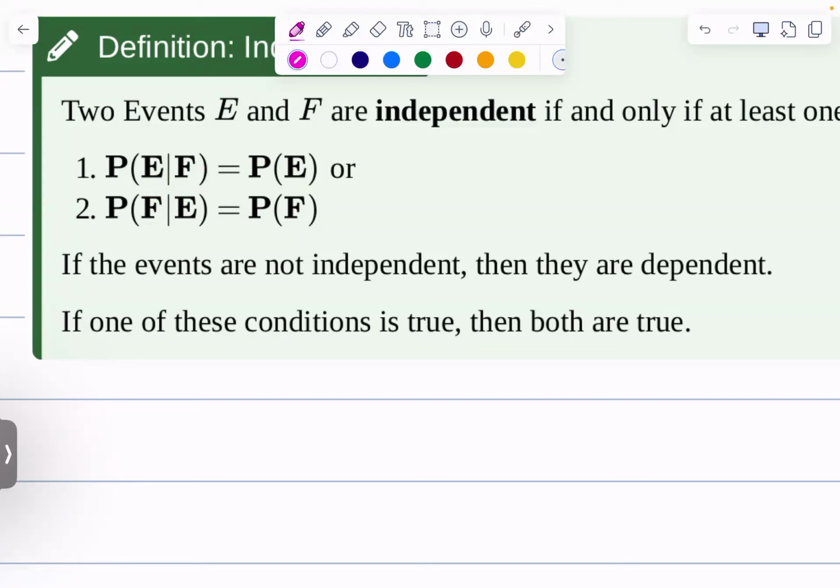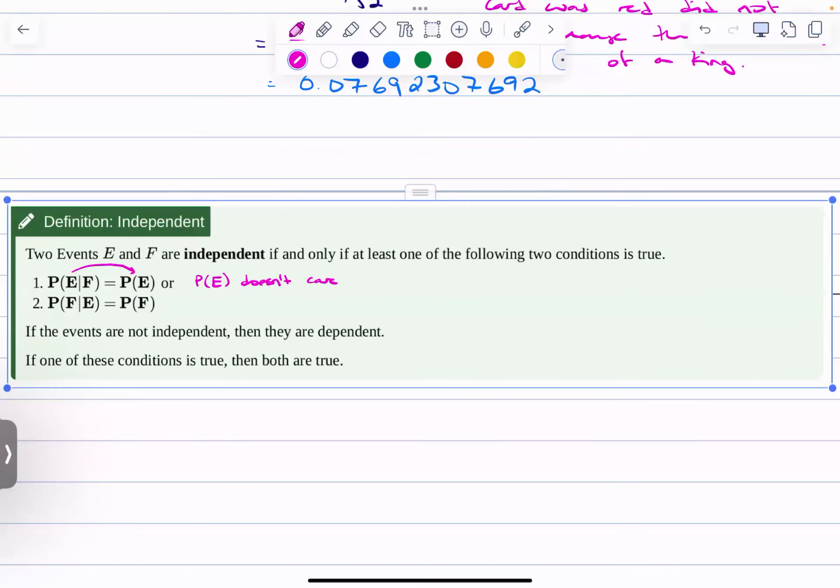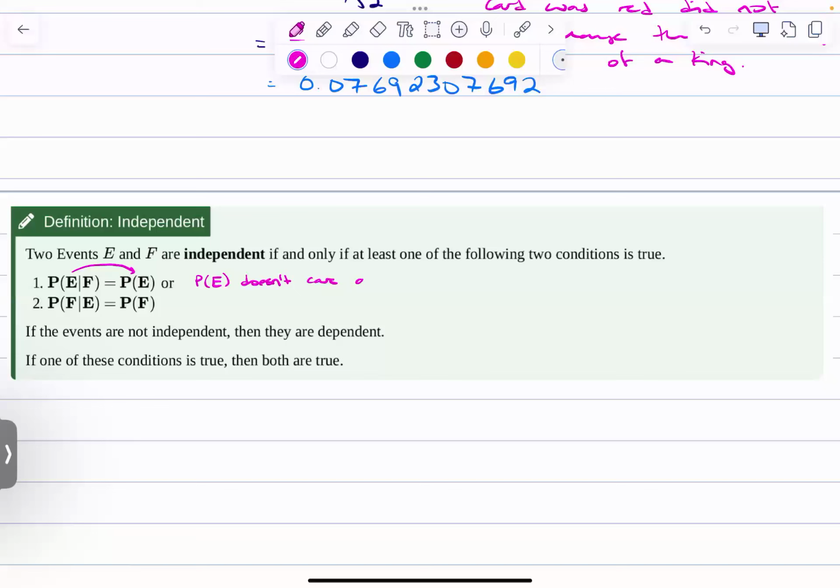Okay. And so here, the probability of E, I think of it as doesn't care about F. Right, knowing that F happened, knowing that it was a red card, had no impact on the probability of it being a king.